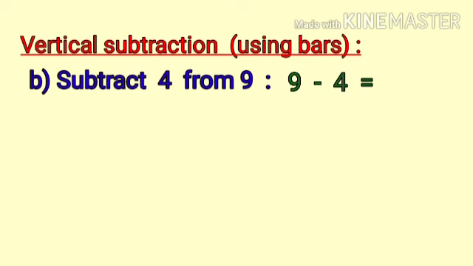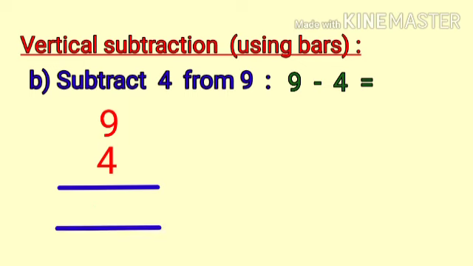Now, we should write these two numbers one below the other. That is, first we should write 9. Below that, we should write 4. To represent subtraction, we should take minus.